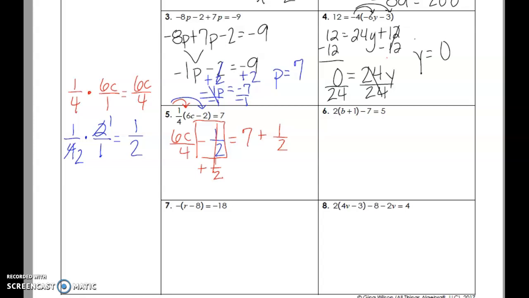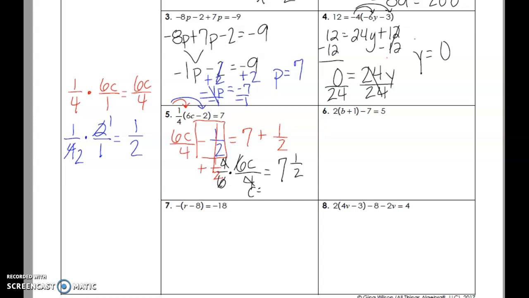So now my problem reads 6 times c divided by 4 equals 7 and 1/2. Remember, we need to multiply times the reciprocal of 6/4 to get rid of it. So we're going to multiply times 4 over 6. These cancel out and it leaves c by itself.